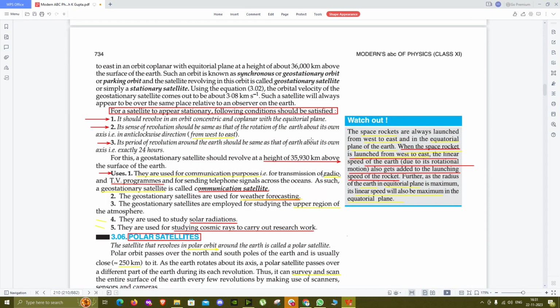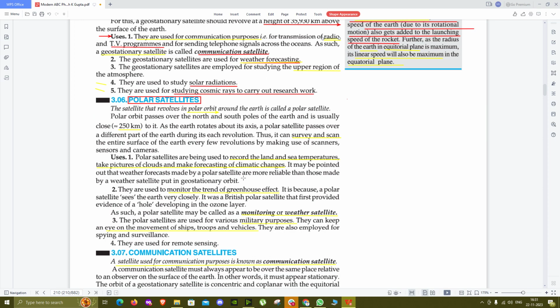Now let me take you to another kind of satellite, the polar satellites. Polar satellites are also very interesting. A satellite that revolves in a polar orbit around the earth is called a polar satellite. The polar orbit passes over the north and south poles of the earth, and it is usually at a height of only about 250 kilometers.